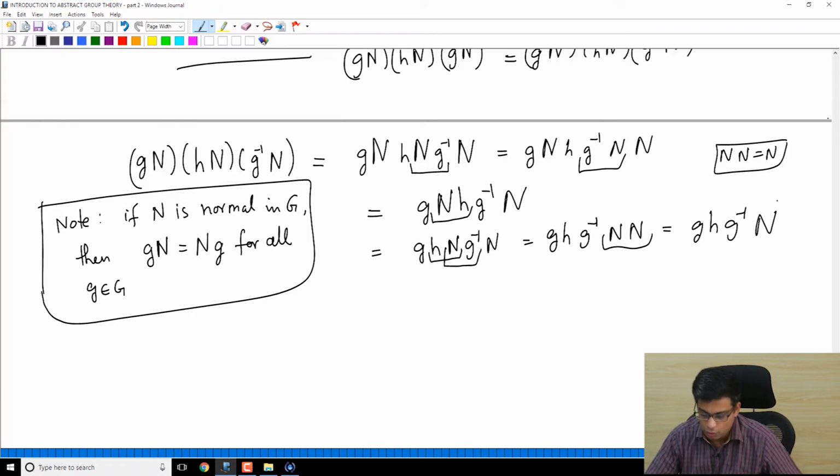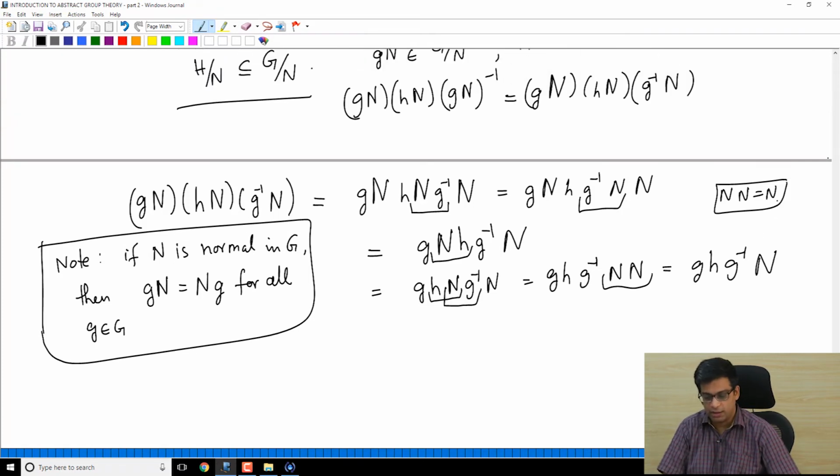Though this seems somewhat magical here, and you might be worried about whether all this is valid or not, you have to convince yourself that this is valid, because all I am doing here is multiplying subsets of a group, and multiplying subsets of a group follows the same rules as multiplying elements of a group, and we are using here the properties of normal subgroups, and if n is a subgroup, then n times n equals n, and everything else is correct. So all this is a valid operation.